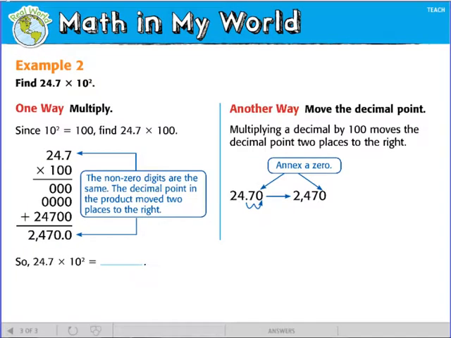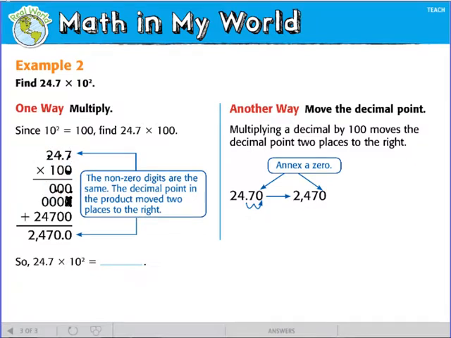Now, we're going to find 24 and 7/10 times 10 to the 2nd power. One way is to multiply it out. Since 10 to the 2nd power equals 100, you can find 24 and 7/10 times 100. And so they're going over here and they start off with 0, and 0 times 7 is 0, 0 times 4 is 0, and 0 times 2 is 0.